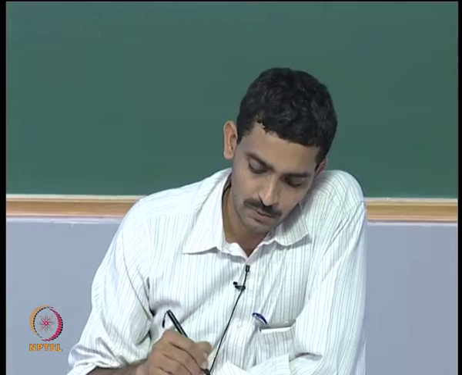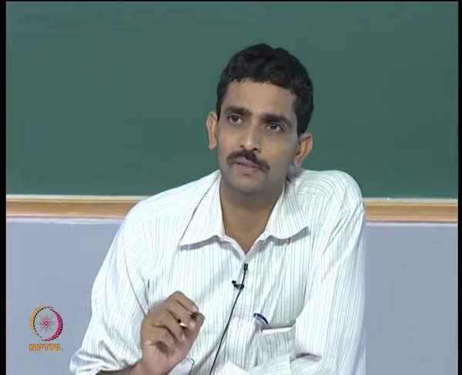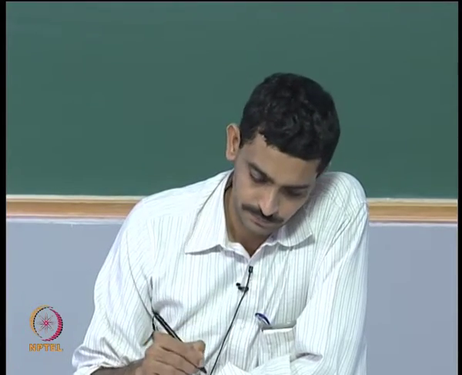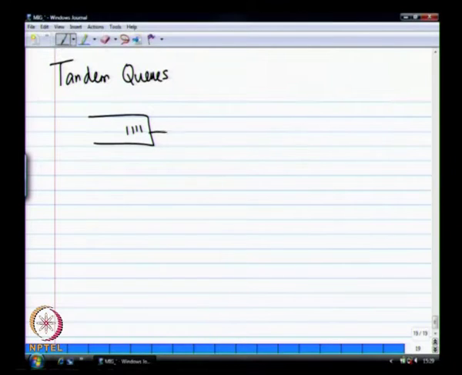Okay. So now we will look at the simple tandem queues of MM1 queues. So there is a series of MM1 queues, each of them having its own service rate.